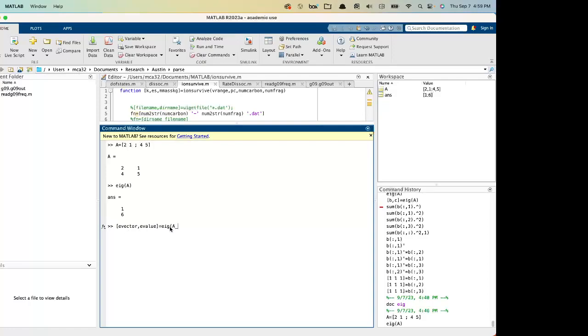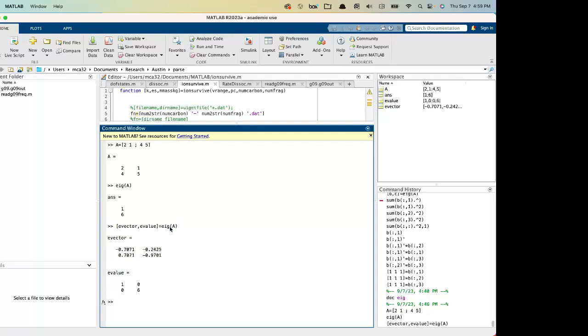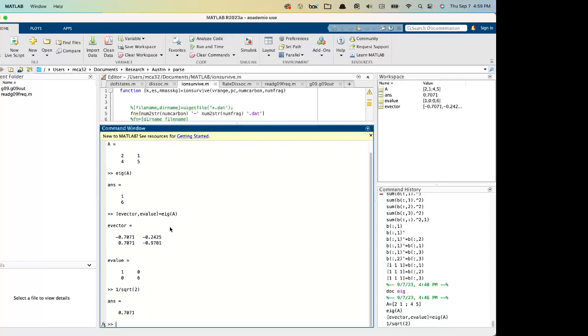The command is still eig, and we do eig of A, and it hands me back my 2 eigenvectors. And just to double check, 1 over square root of 2 is 0.7071. So here's my minus 1, 1 eigenvector, and then this is going to be my other eigenvector over here.